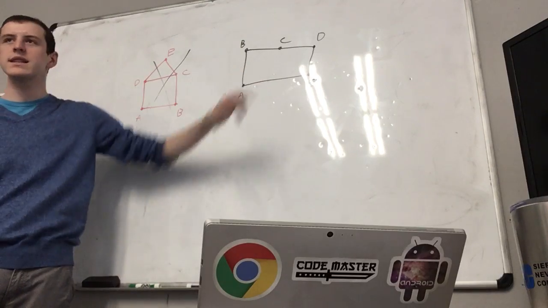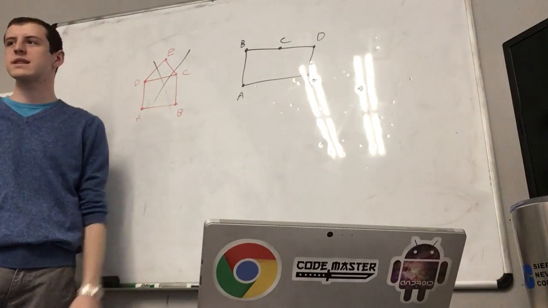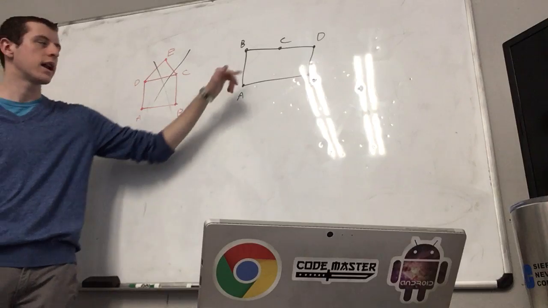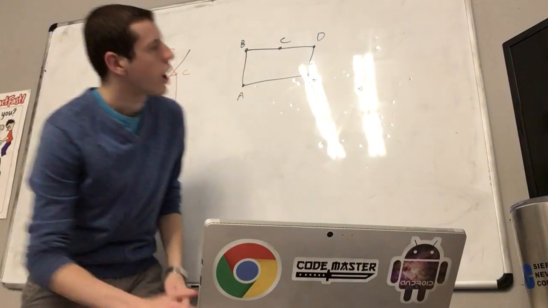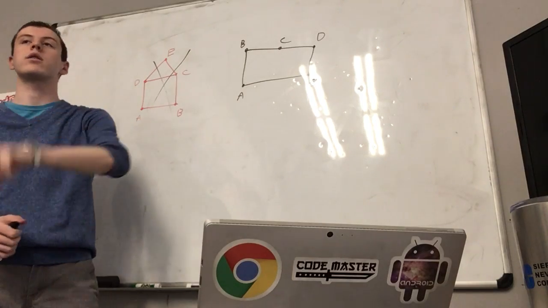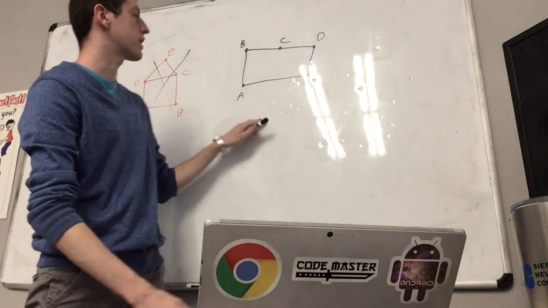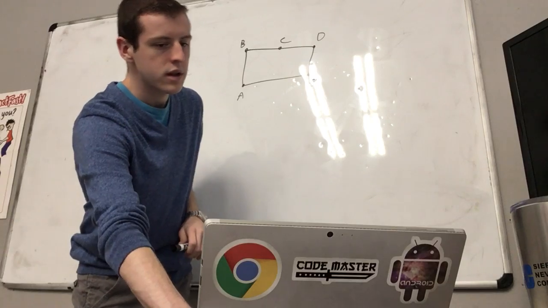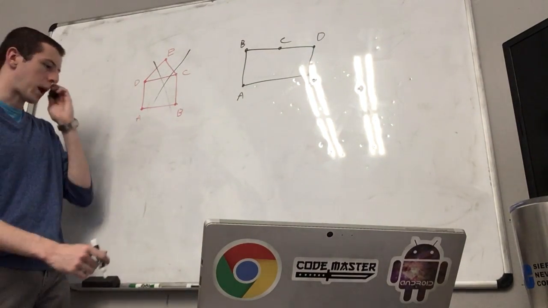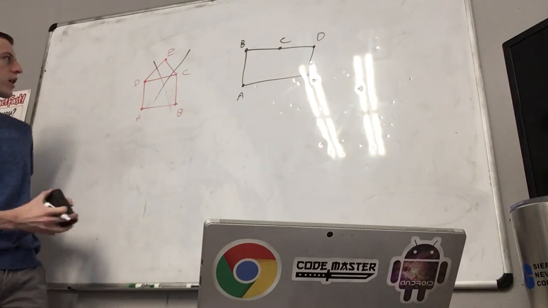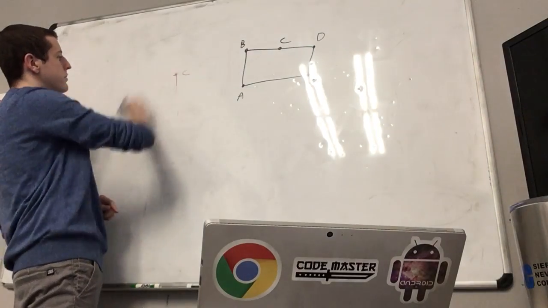BD is a line, BC and CD are the same line segment, so they are collinear. Consecutive sides need to be non-collinear. So, not a polygon.